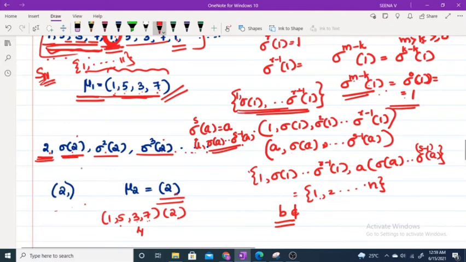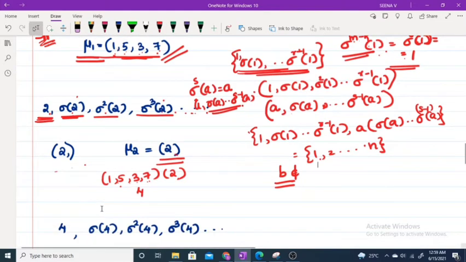So here the first element is 4, then consider sigma 4, etc., sigma raised to 4. Here also, at some point this value repeats.